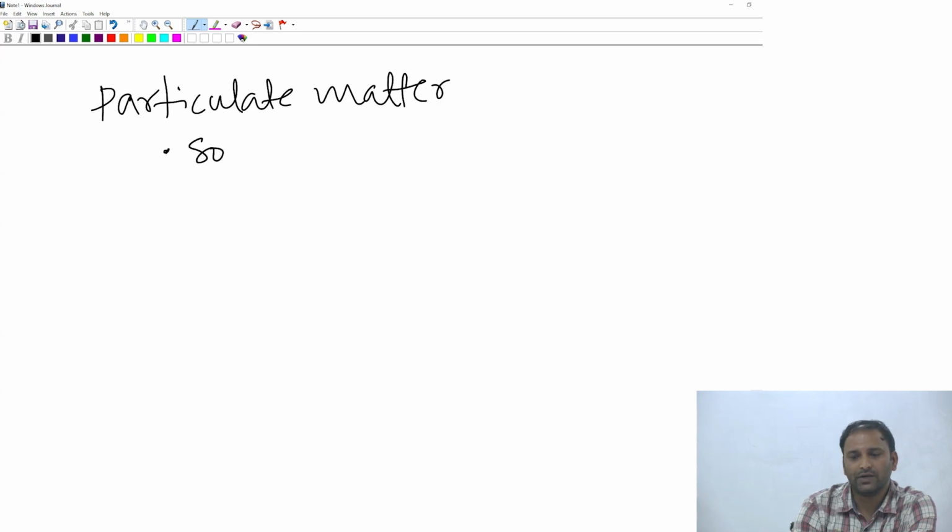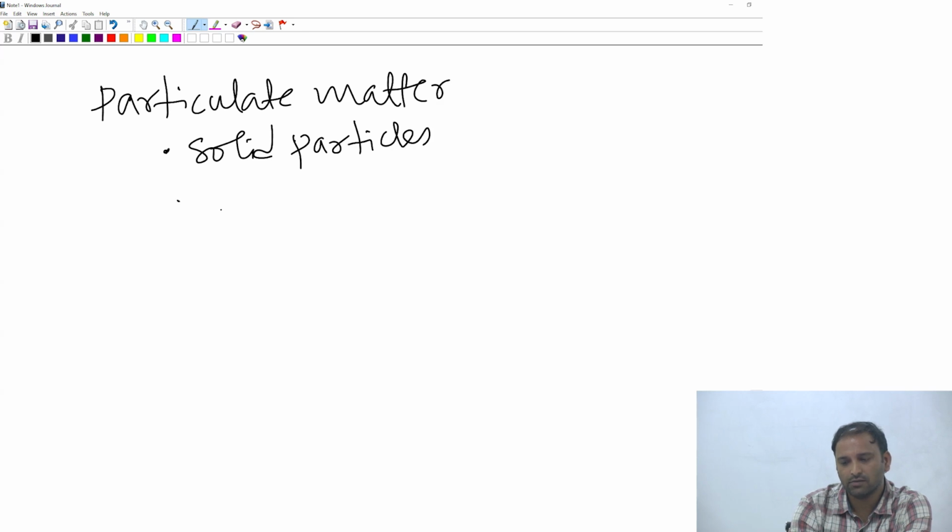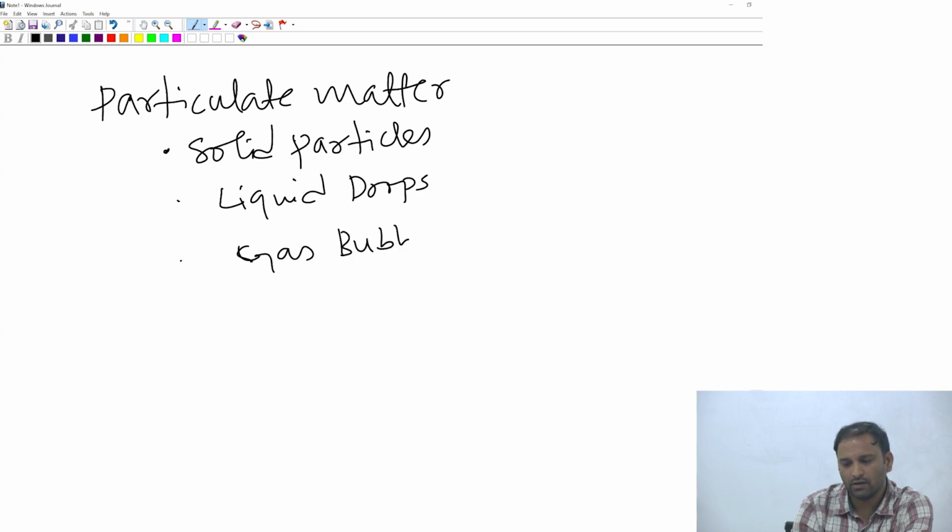we said that particulate matter could be either in the form of solid particles, or liquid drops, or gas bubbles. That's what we said.